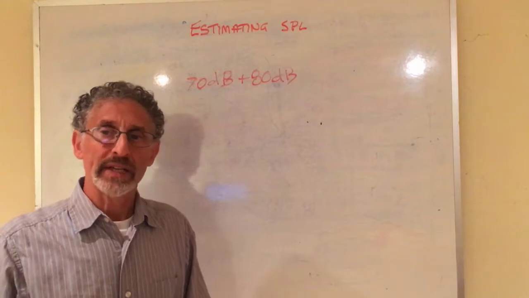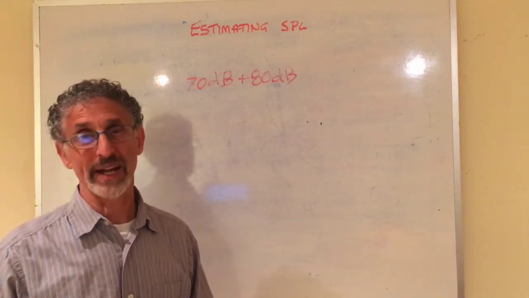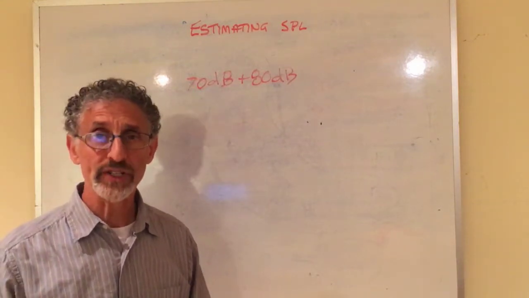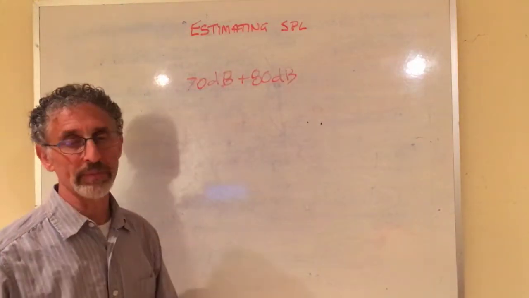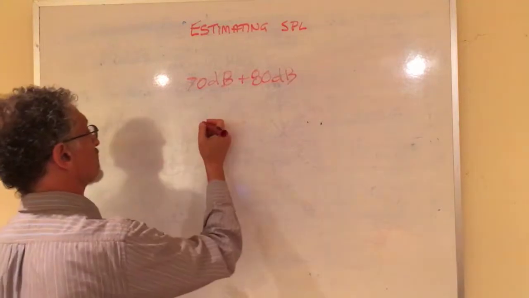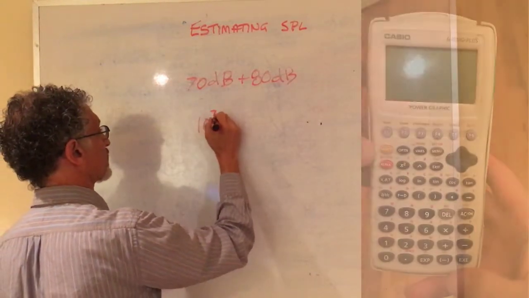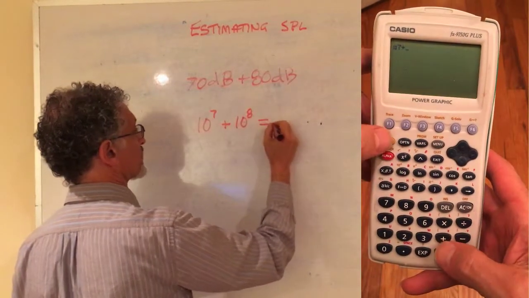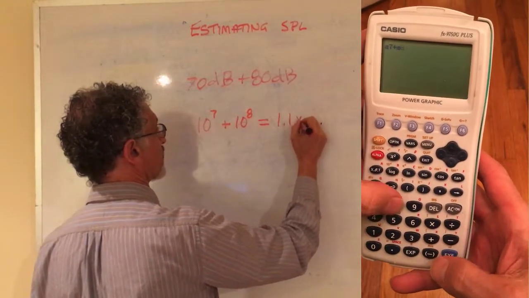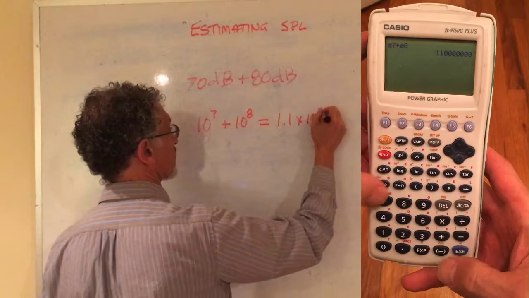Now, what happens if I add 2 sources that differ by 10 dB? How much is added? For example, let's do 70 dB plus 80 dB. So we would do 10 to the 7th plus 10 to the 8th. And it turns out this equals 1.1 times 10 to the 8th.